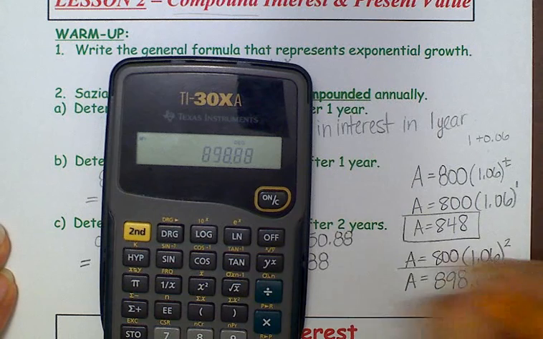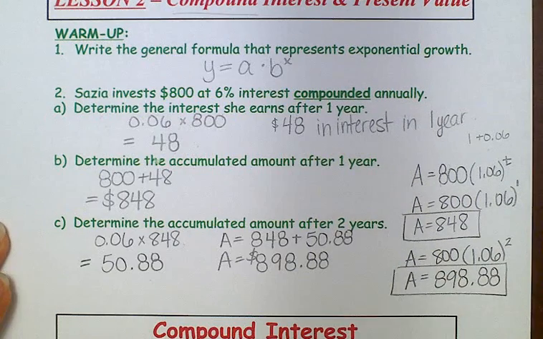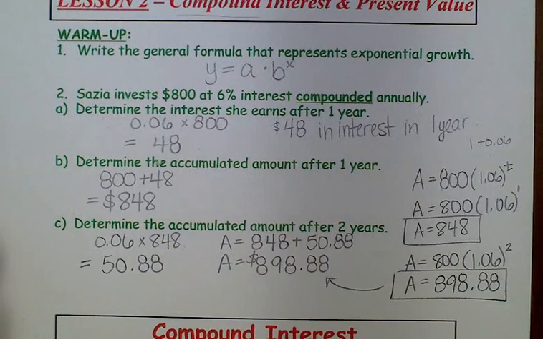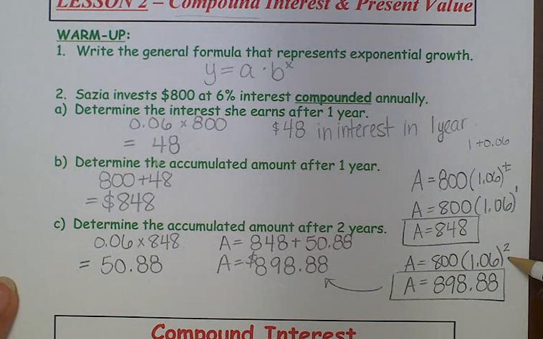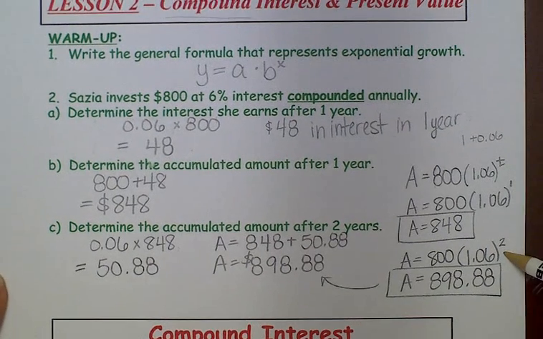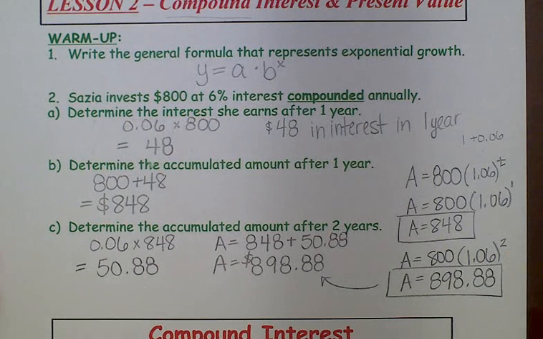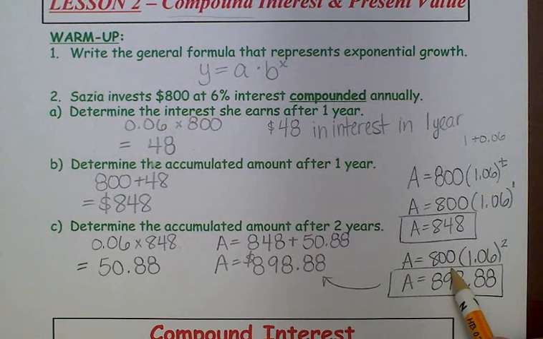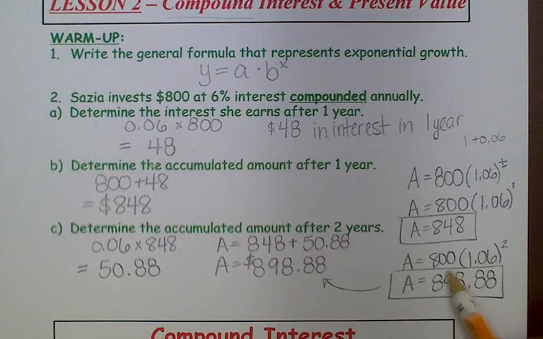And if I look at how much money she would have at the end of 2 years, she has the exact same amount. So what this tells me is that compound interest represents an exponential growth in the amount of the investment. And so it depends on how much interest you're earning and how often you're earning that interest, and we'll talk about that in a few minutes as well. And it also depends on how much you invested initially, so your principal amount. So we'll look at all of that when we look at compound interest.